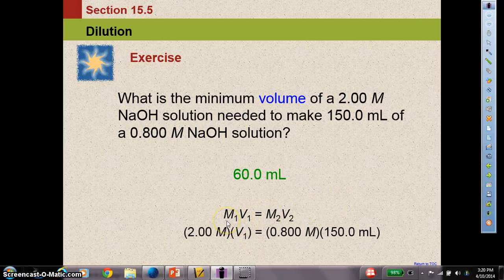At any point you can be given any three of these variables and solve for the fourth one. So you can have molarity 1, volume 1, and volume 2 given and calculate molarity 2, or any other combination of that. So these problems are easy to work. They are reasoning issues that are simple concepts and ones that shouldn't throw you a curveball. So enjoy doing the easy problems of dilution.